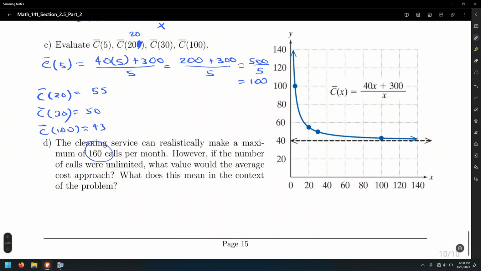Well, number one, again, we're talking about approaching infinity, but do you see this horizontal asymptote? What's the value of this horizontal asymptote?